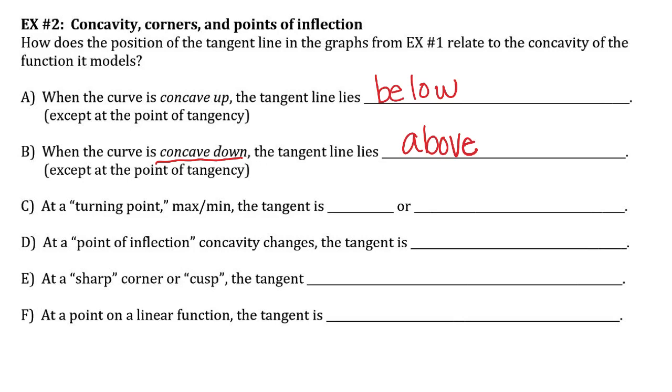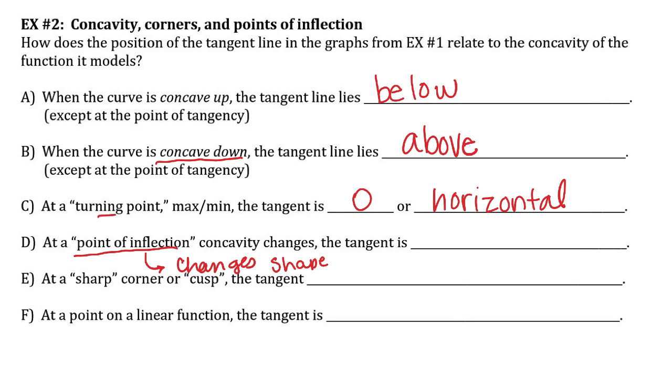And if you're at a turning point here, then the slope of the tangent is 0, or you can also say that it is horizontal. At a point of inflection, and I know we're not sure just yet about point of inflection, that's where the graph changes shape. Here where it changes shape, it does not change directions.